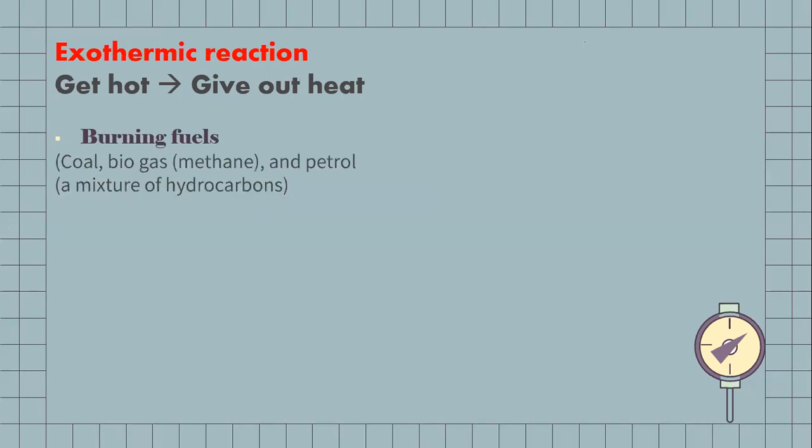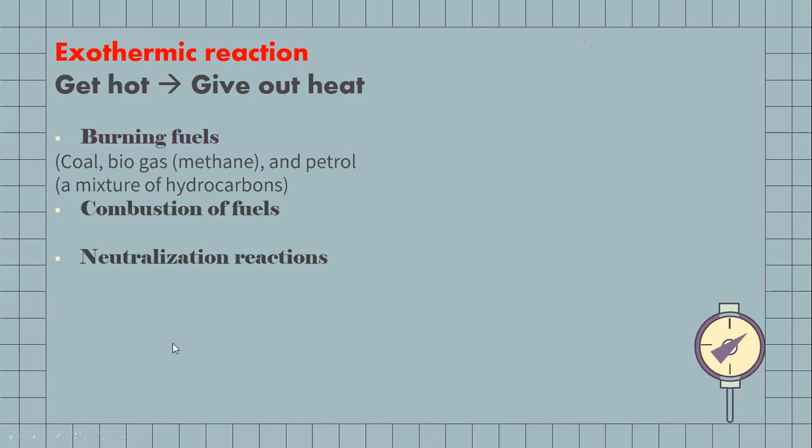One is burning fuels. Right, so we need energy for so many activities when we cook or to drive a vehicle or the machines we use in the factories, everything needs energy. So by burning these fuels, we can get energy. From that energy, the machines work. Right. So we use exothermic reaction there.